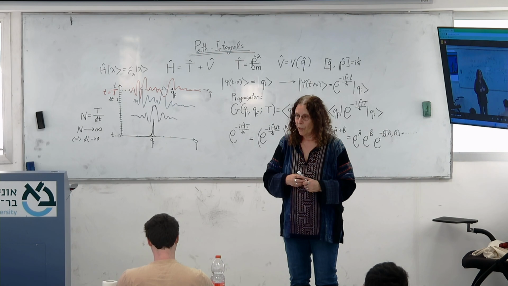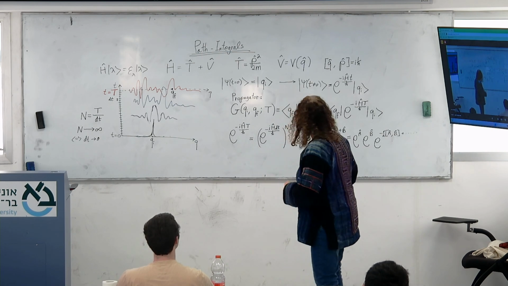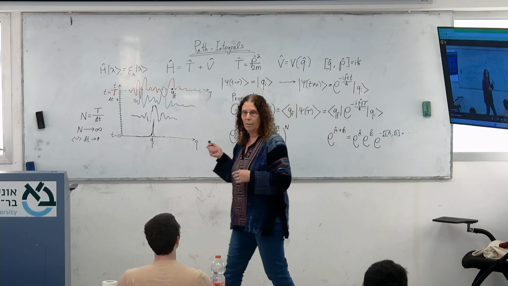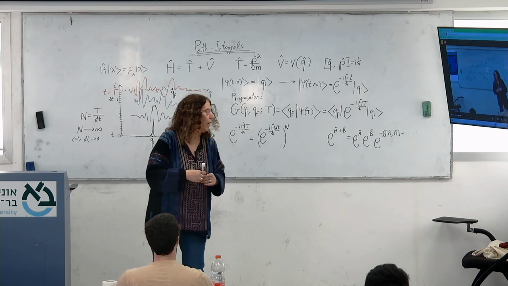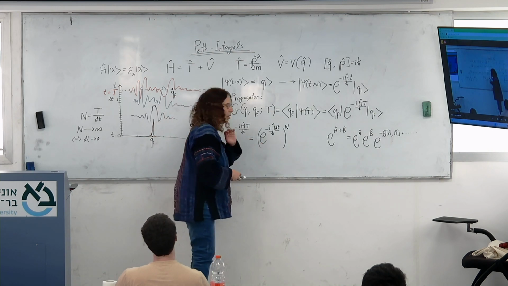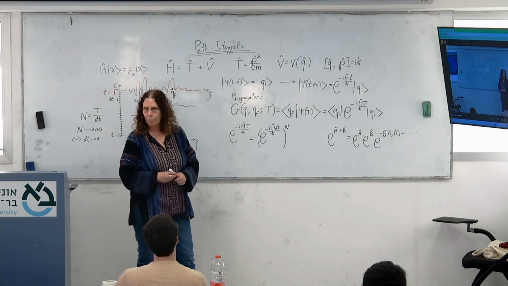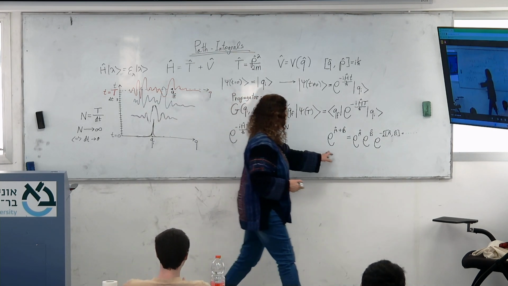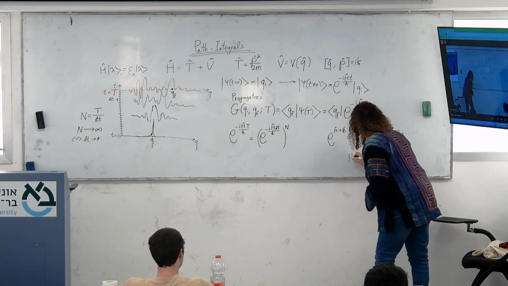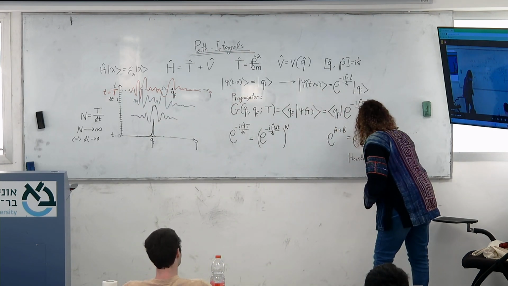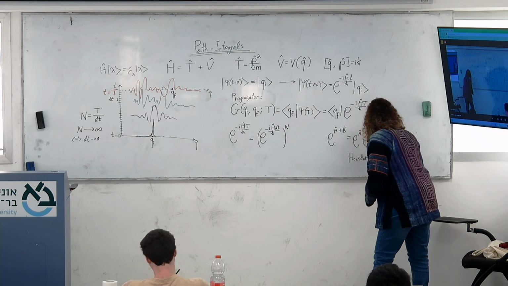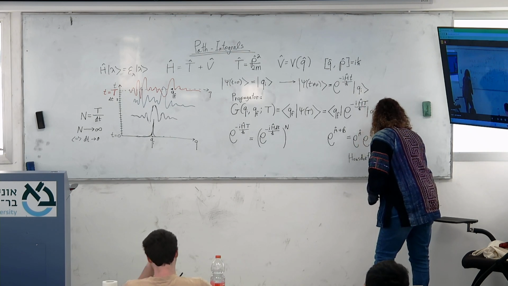So you're right. If the Hamiltonian is not time dependent, then this is still an equality. By the way, this is called the Baker-Hausdorff formula.